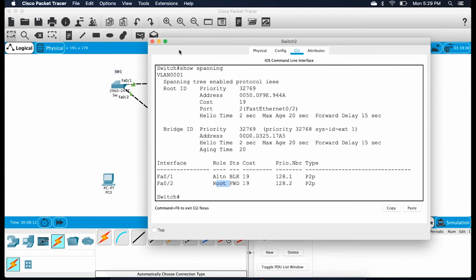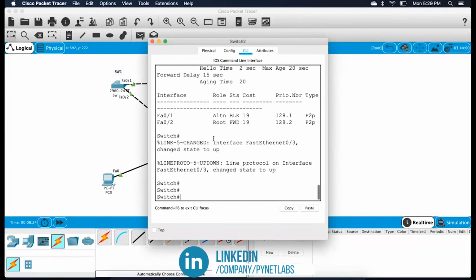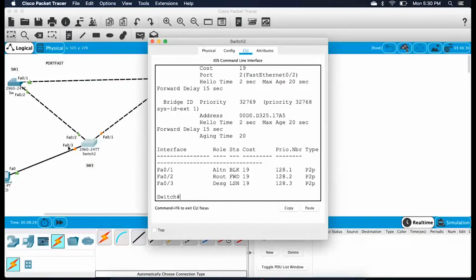And as I told you, every 2 seconds, these switches talk with each other with the help of BPDUs. You see the interfaces again, I will show you. Show spanning. You see, the interface is FA0/3 and currently it is in listening mode. You get that?